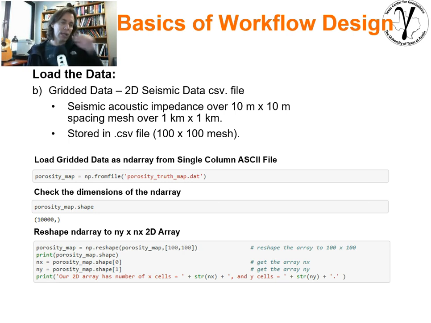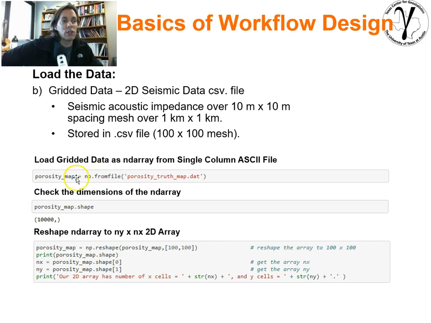Now maybe the gridded data you're working with is not the two-dimensional matrix. Another way that gridded data could be represented is as a one-dimensional column. Basically it's going across, then to the next row, and the next, and the result is you take the 2D and convert it to a one-dimensional array. So if you have a 100 by 100 matrix, it's going to become 10,000 lines or rows with only one column.